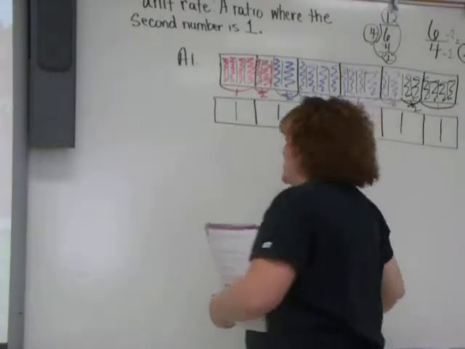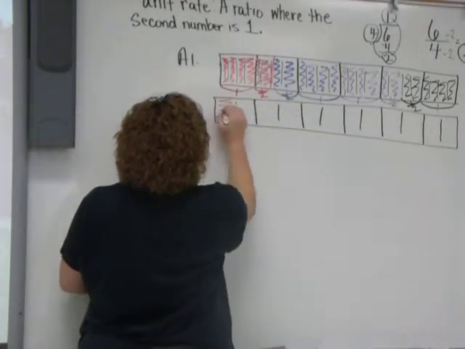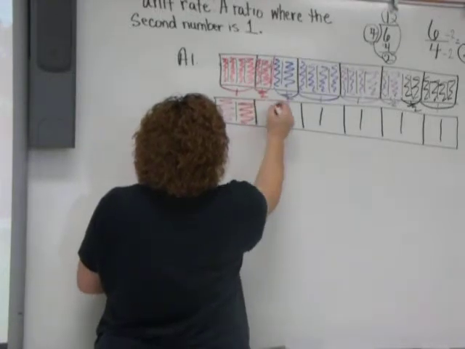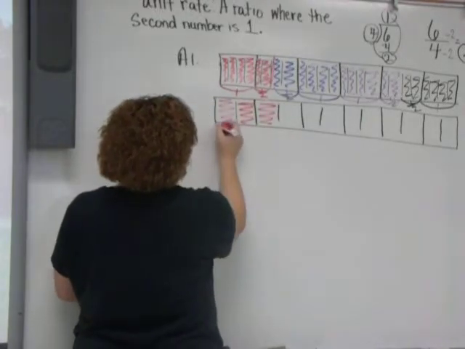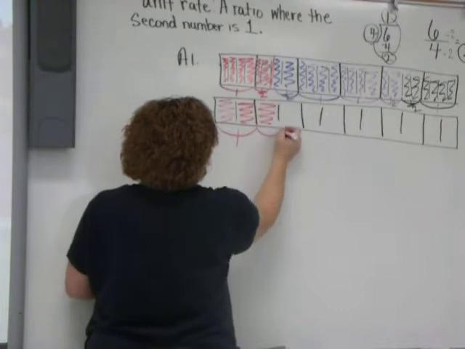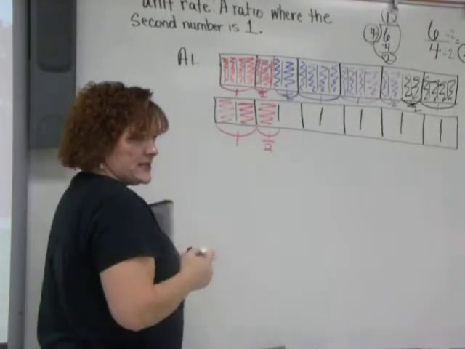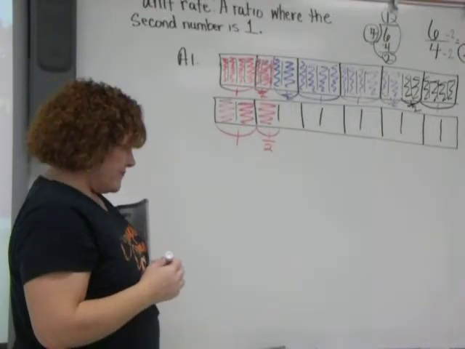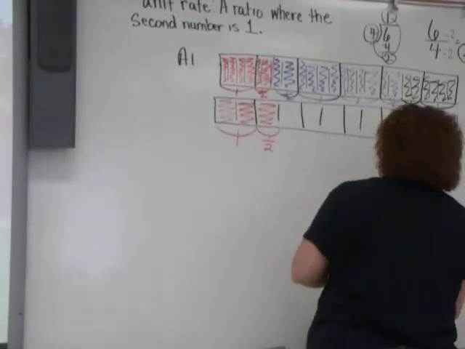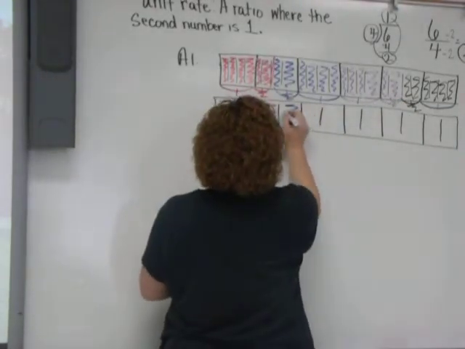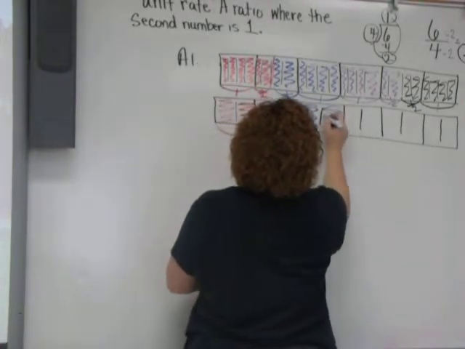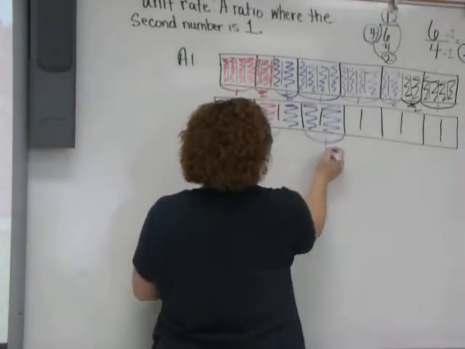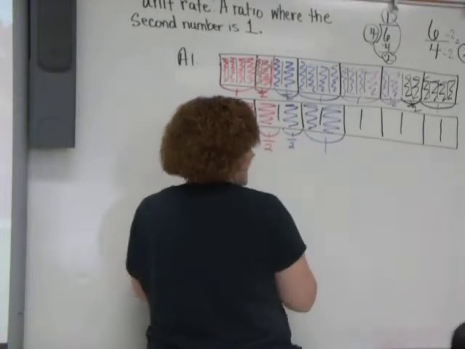So that person here is going to get 1, 2, 3 of the half pieces, and she's still getting 1.5 segments. The same thing. Person number 2 is still going to get 1, 2, 3 of the half pieces. That's their 1.5 pieces.